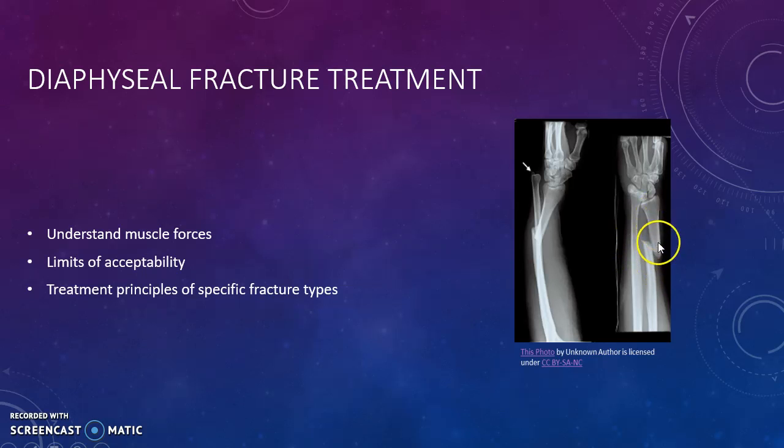This fragment is being displaced because of the action of the brachioradialis, and sometimes you consider the limits of acceptability in growing age. You need to know the treatment principle of specific fractures like this Galeazzi fracture dislocation, which needs reduction and fixation with a plate.